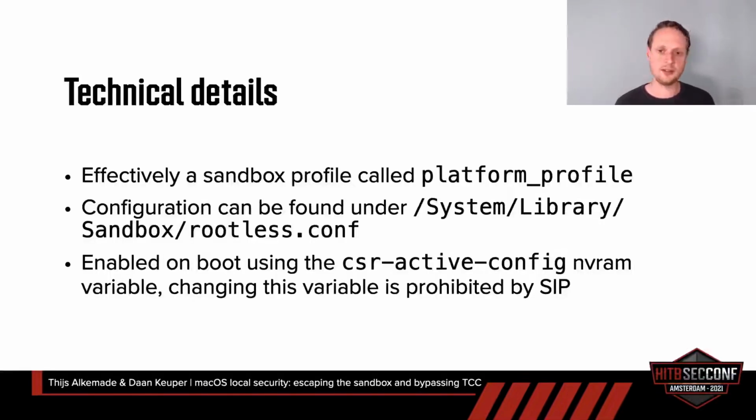So basically, the technical implementation of System Integrity Protection is just another Sandbox profile. You can look at the configuration in a modern Mac system, and SIP is enforced by a configuration variable. That variable is placed in NVRAM. So at system boot, it will read that variable.